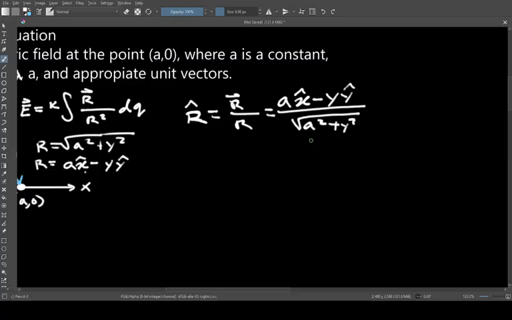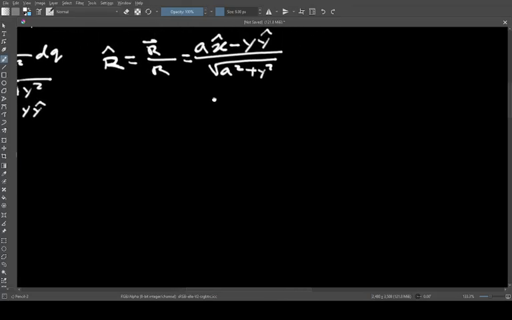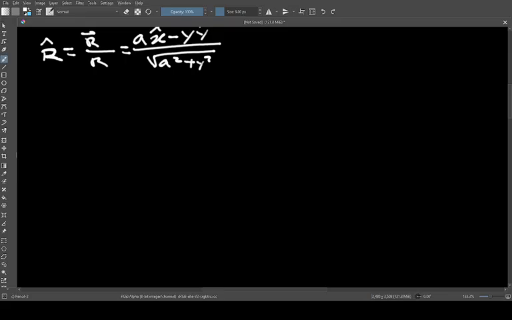So let me go ahead and rewrite the electric field integral so we have more space. We have the electric field E is equal to k times the integral of r hat over r squared dq.